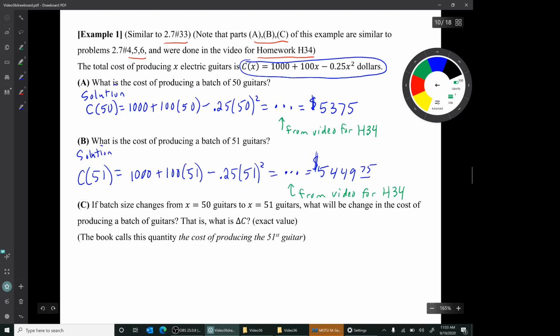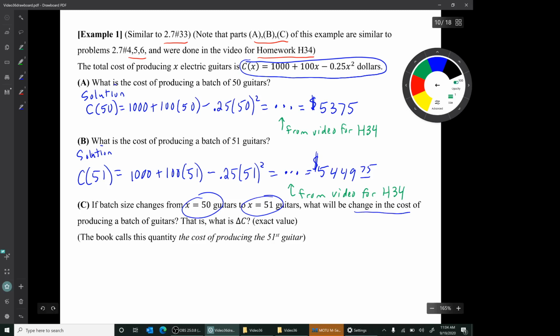Again, that result is from the video for homework 34. Question C is, if the batch size changes from a batch of 50 guitars to a larger batch of 51 guitars, what will be the change in cost of producing the batch? That is, what is delta C?